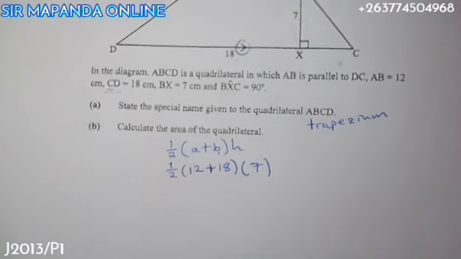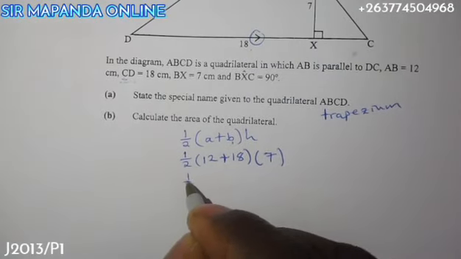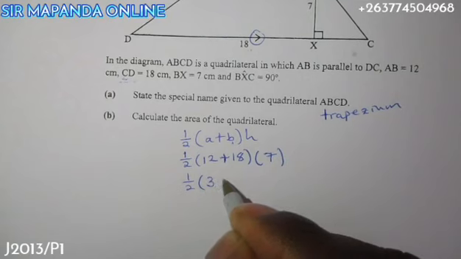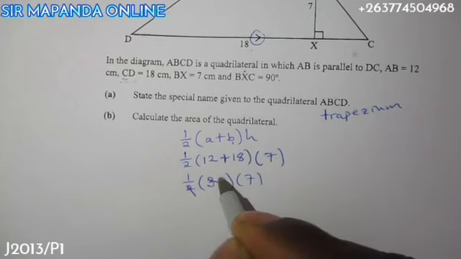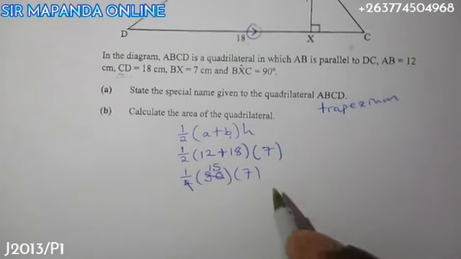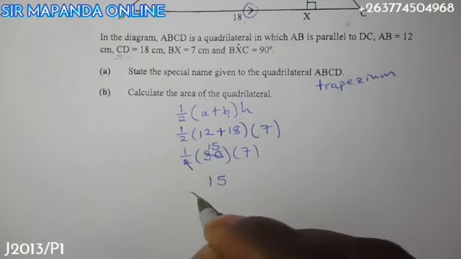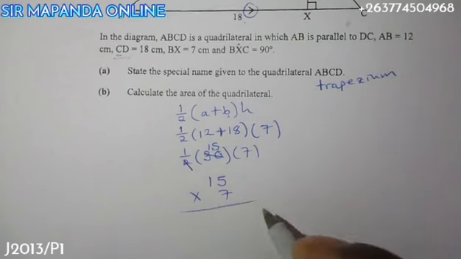So we want to simplify. 12 plus 18, it gives you 30. Something like this. 2 into 30, you get 15. So you are now multiplying 15 with 7.